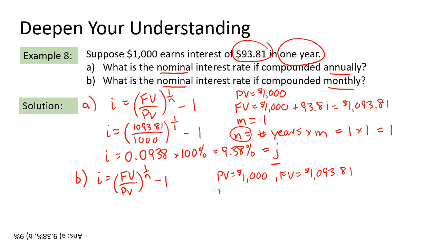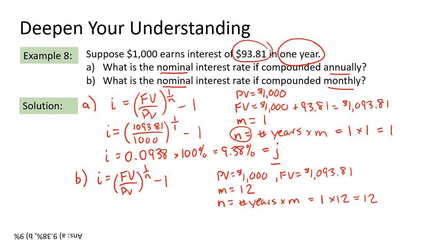Our number of compounding periods per year is 12, not 1, so it's different. And our total number of compounding periods, n, which is the number of years multiplied by our number of compounding periods per year, is equal to 1 year times 12, or it's equal to 12.